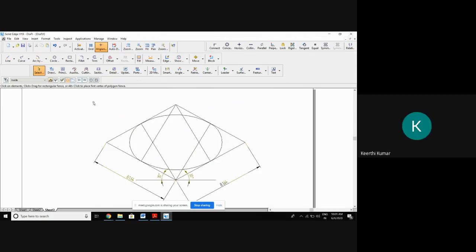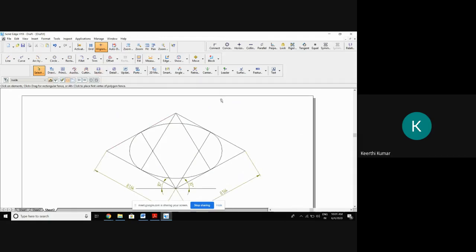See here, is there any solid above the cylinder? Yes, sir. Above the cylinder, there is a rectangular pyramid. So you are supposed to put the cylinder in a box. Remember, if there is any solid above that, you are supposed to put the base solid in a box.